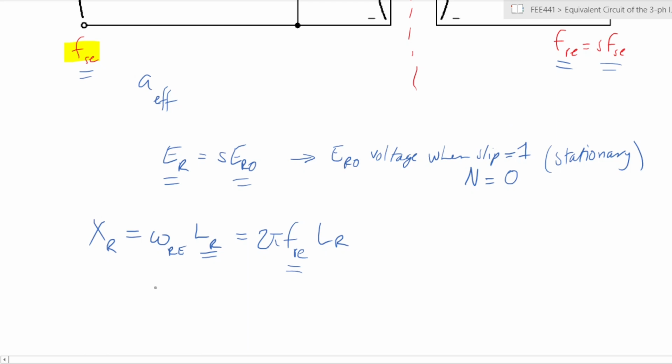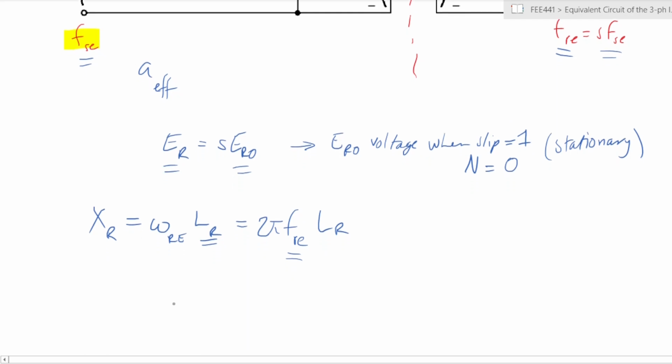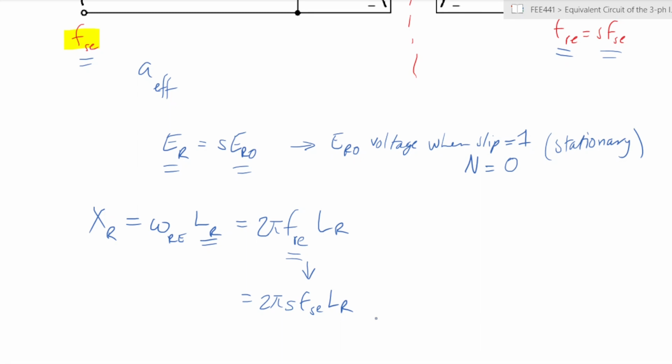So this FRE we can put in terms that we have already seen, so that will be given by 2 pi times SFSE times LR, the inductance of the rotor.